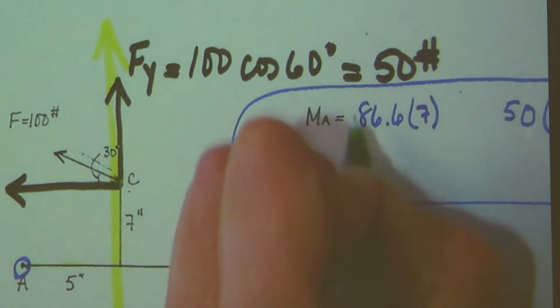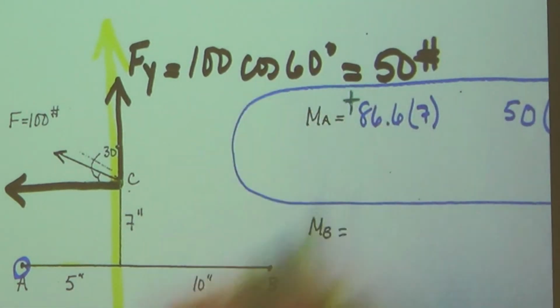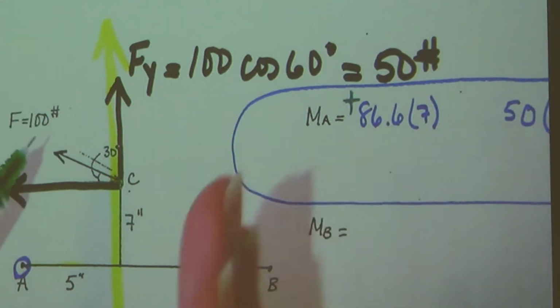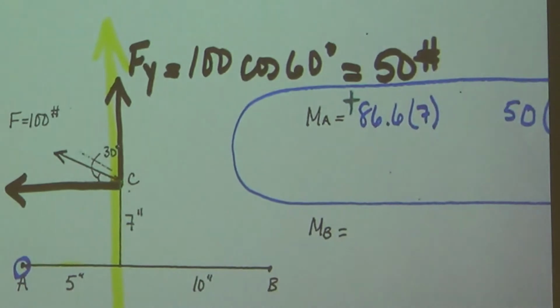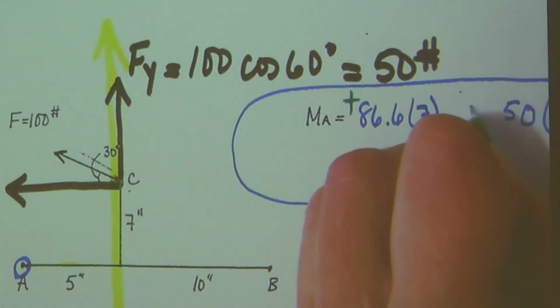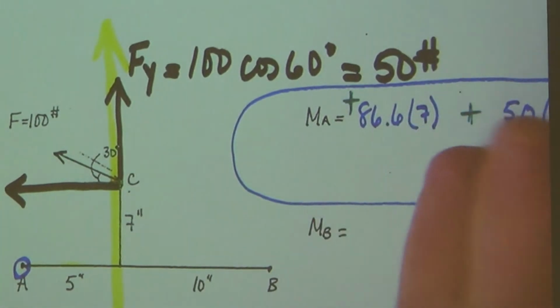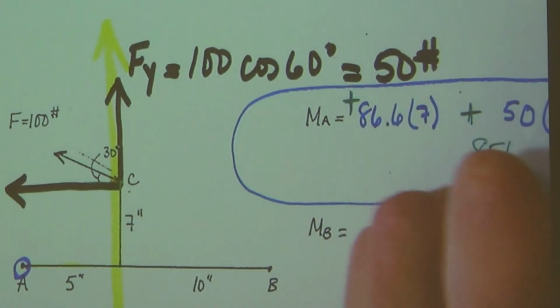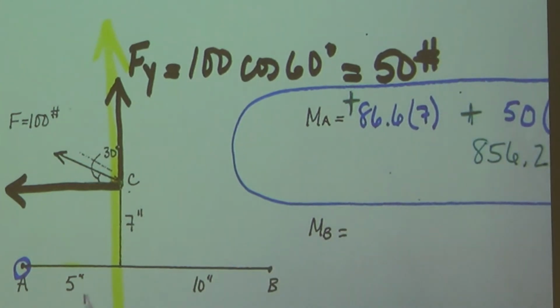Positive. Okay, how about Fy? Fingers go in the direction of the force, palm goes towards it, what do I get? Positive or negative? Positive. And that equals 856.2, and we're still using inch-pound.